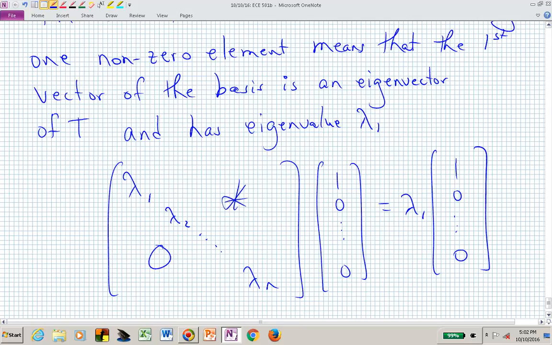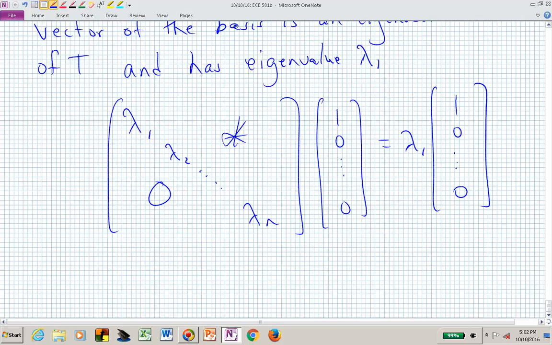So now we know, if we were thinking in terms of matrix representations, if we start with an upper triangular matrix, that very first entry, the 1,1 entry, is in fact an eigenvalue. And the first basis vector is an eigenvector.